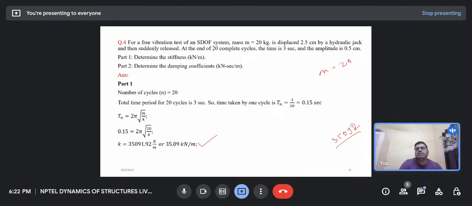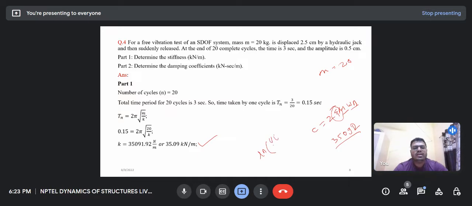How can you calculate the damping ratio? Because damping is 2 xi m omega. We have m, we have omega, and we only have to calculate the damping ratio, which you can calculate by the logarithmic decrement.